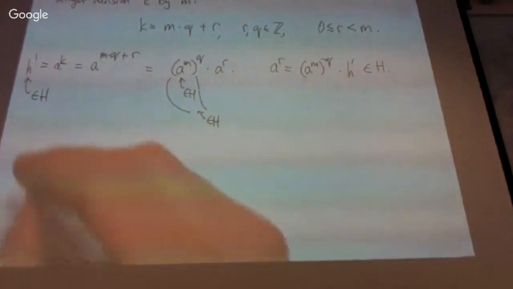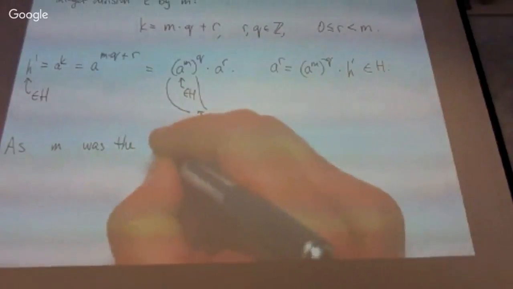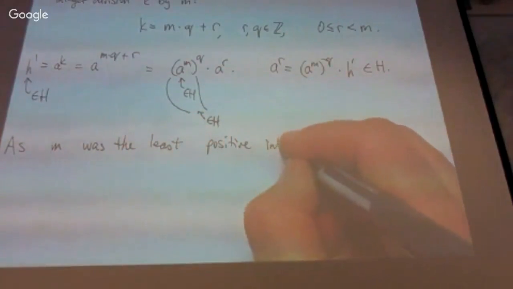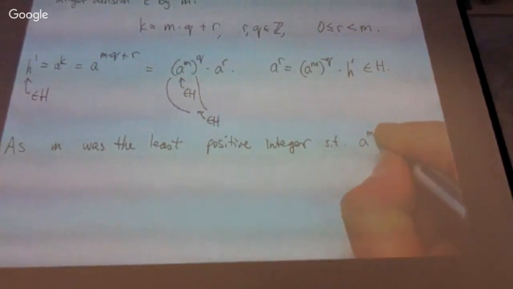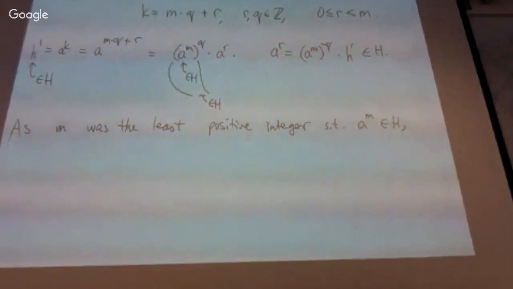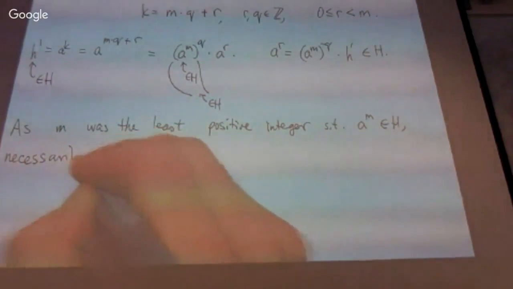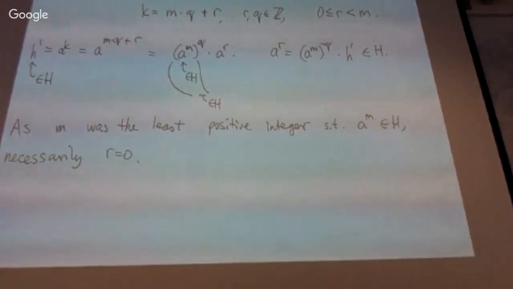So, as M was the least positive integer, necessarily R is 0. A to the R is in H. R is smaller than M, can't be positive.